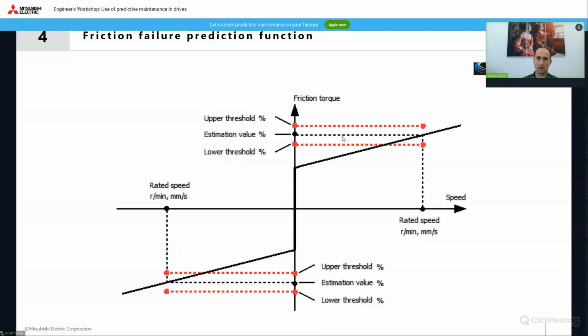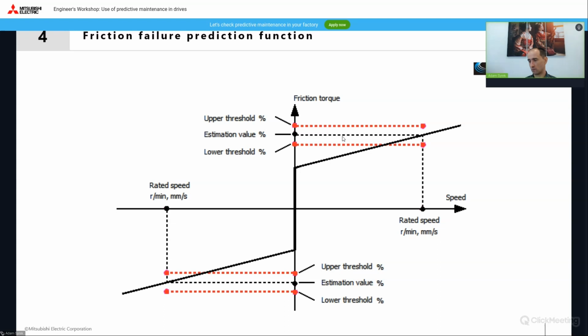Or if somebody is a machine builder that builds the same machines a few times, they can let the amplifier estimate the friction level on one machine and then copy these parameters to the other machines, and in this way check if the mechanical part of the machine is correct or not. Because if after assembly the levels of the friction are out of the ranges, it means that something is wrong on the mechanical part of the machine.